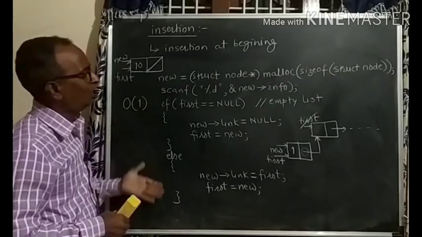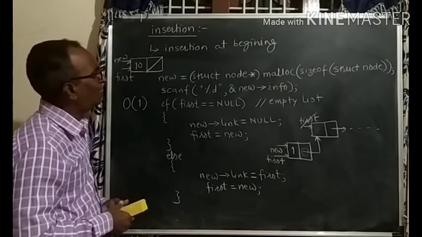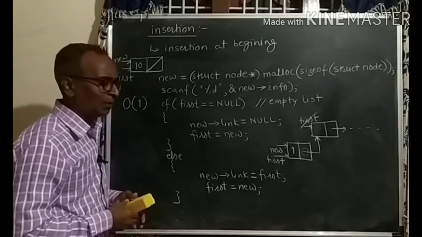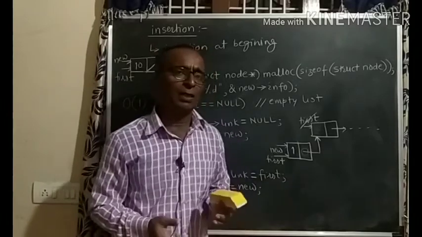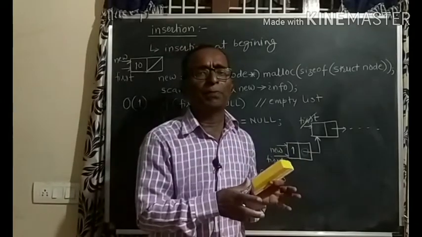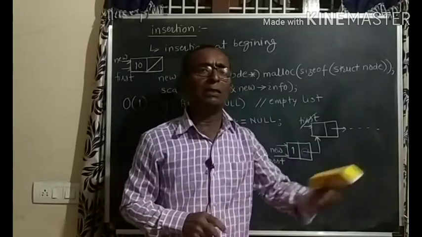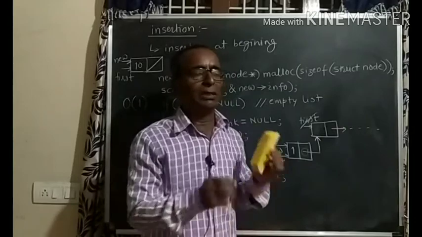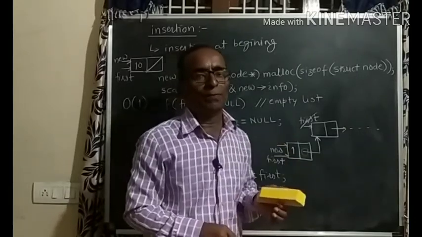So you can write a function for this also. See, when you are writing a function, you are telling somebody, I have this list, you insert one new node at the beginning. You are calling somebody, this is the list I have, you change.